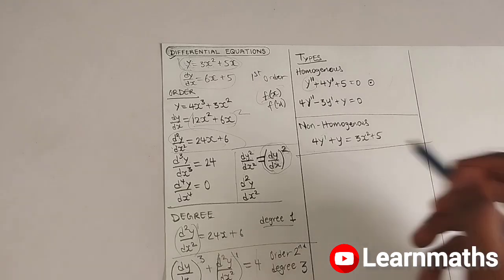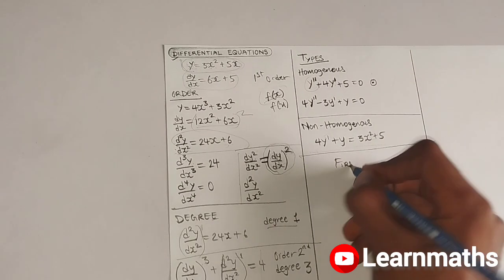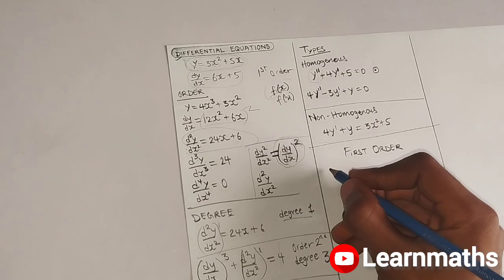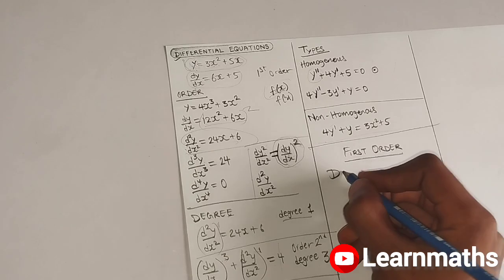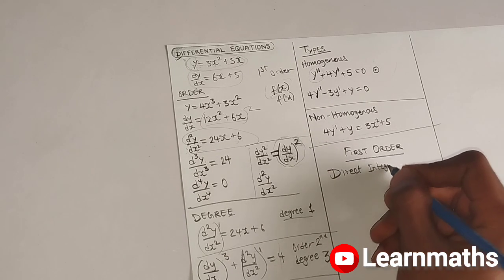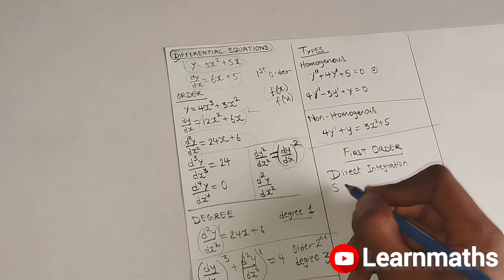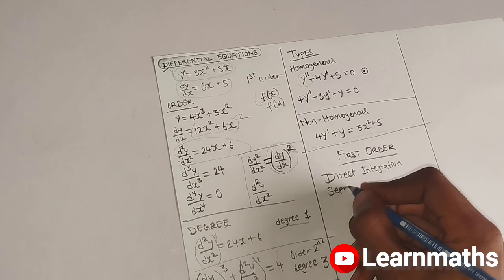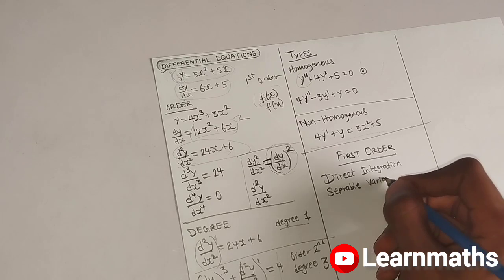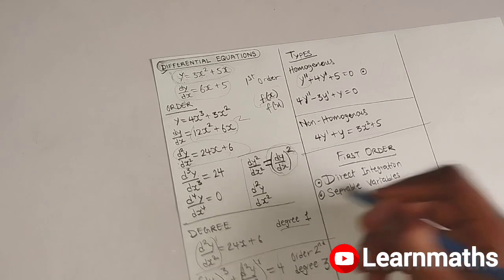Alright, so let's list some methods you can use to solve the first order. For first order, methods like direct integration are used. Methods like separable variables can be used, right?